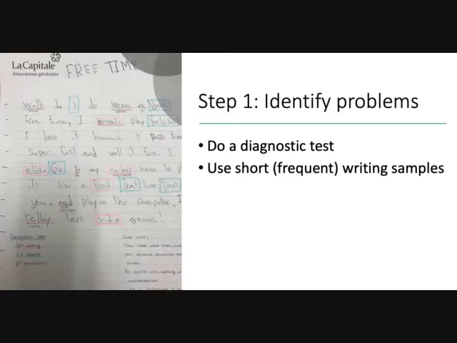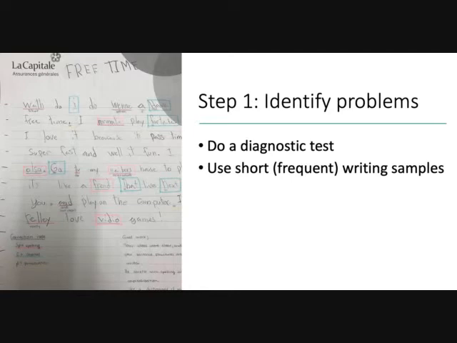The example on the left is a text my son wrote. You can see he has quite a few errors in here, but some of the message is clear. We would take this and go through and have a look and say, okay, what can this student already do? You can do this one-on-one, or you can do it as a whole class.